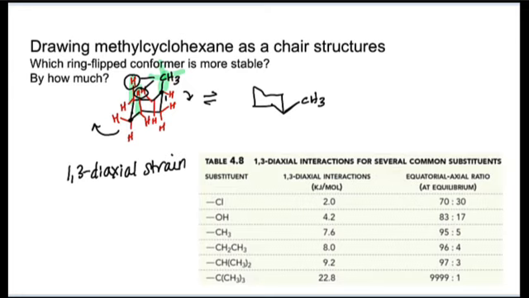So again, this is when any R group is situated axial. And table 4.8 shows the strain that occurs when a methyl group is interacting via 1,3 diaxial strain. So it costs 7.6 kilojoules per mole of energy to have a methyl group in an axial position on a monosubstituted cyclohexane chair.